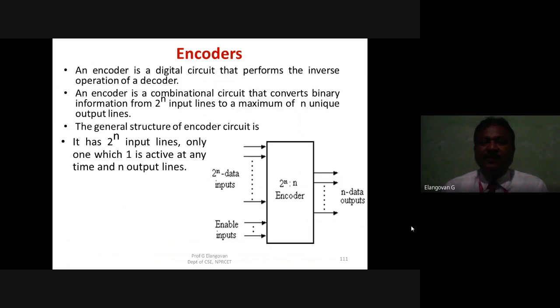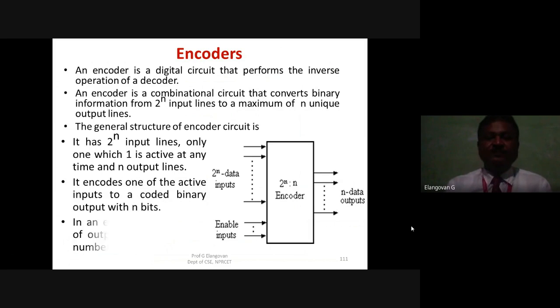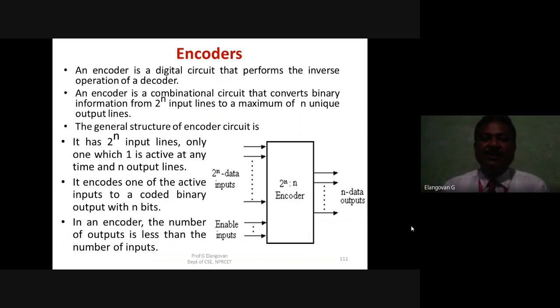That is the constraint in encoders, and only in such a scenario will it be validated. You may ask what happens if more than one input comes as high level. We'll discuss that in the next topic, the priority encoder. Now look at the encoder. The constraint is that only one input is high level at any instant.